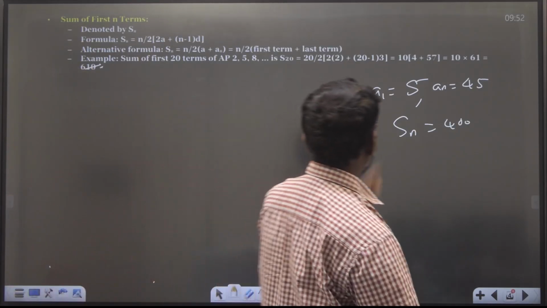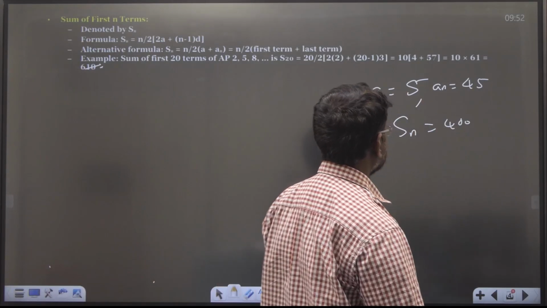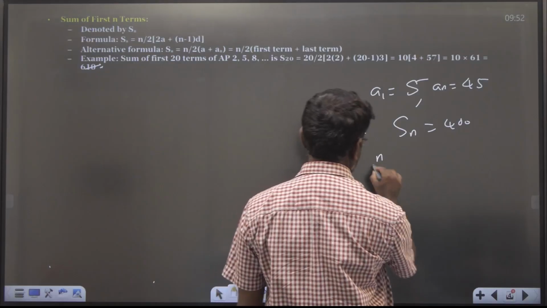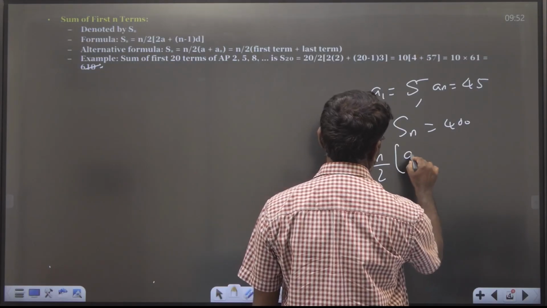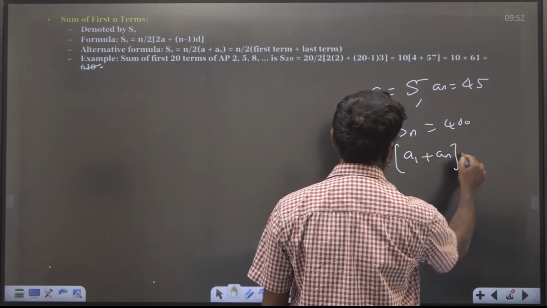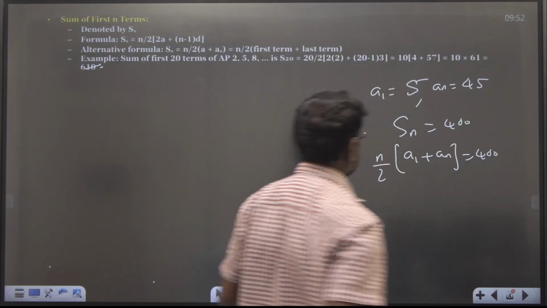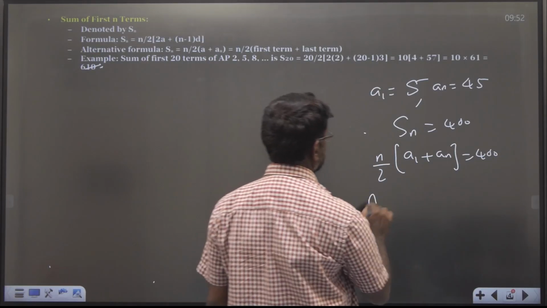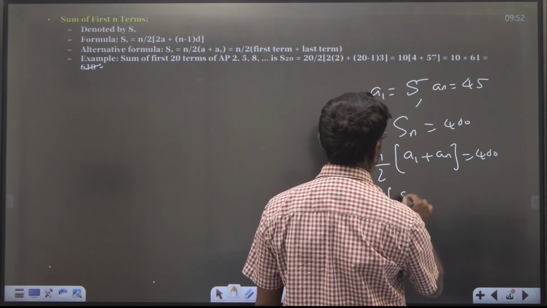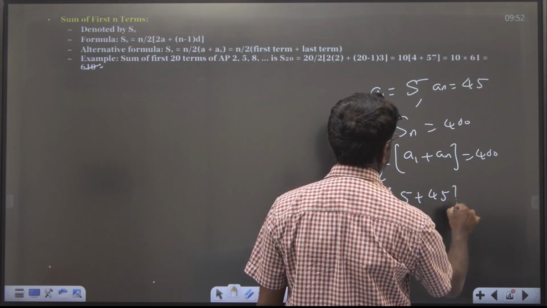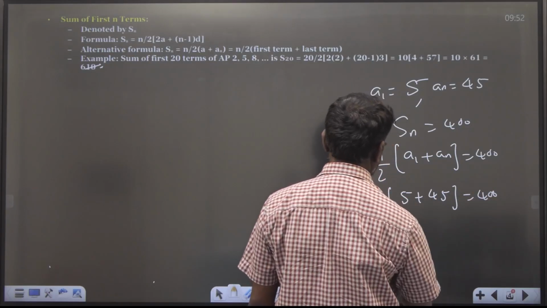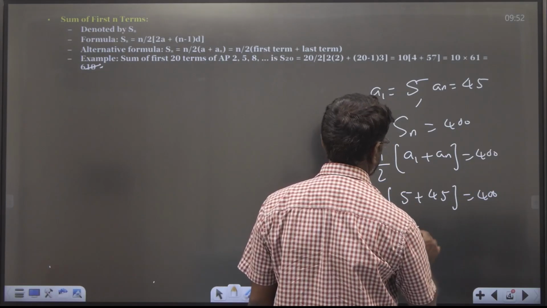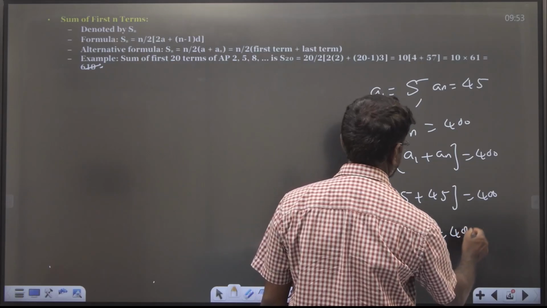Here, the first term and last term are given. So n by 2 into (a1 plus an) is 400. That is n by 2 into (5 plus 45) equals 400. N by 2 into 50 equals 400.